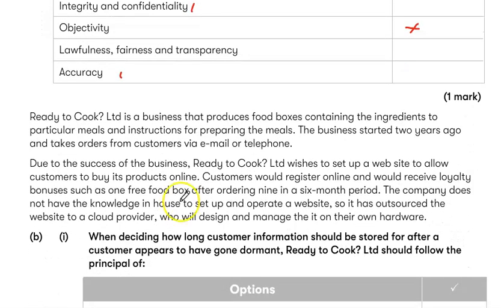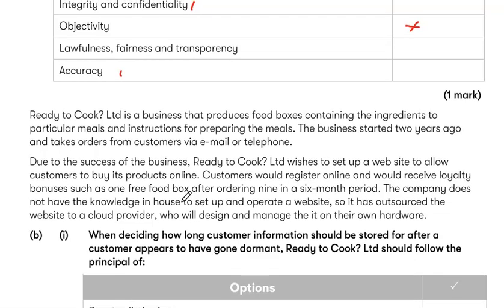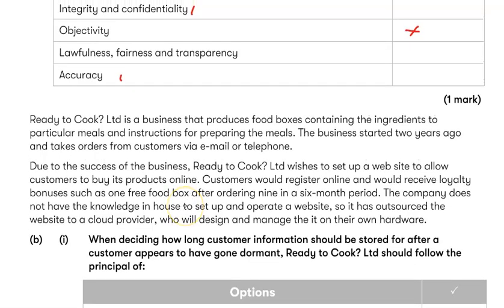The next question is: Ready to Cook Limited is a business that produces food boxes containing ingredients for particular meals and instructions for preparing the meal. The business started 2 years ago and takes orders from customers via email or telephone.